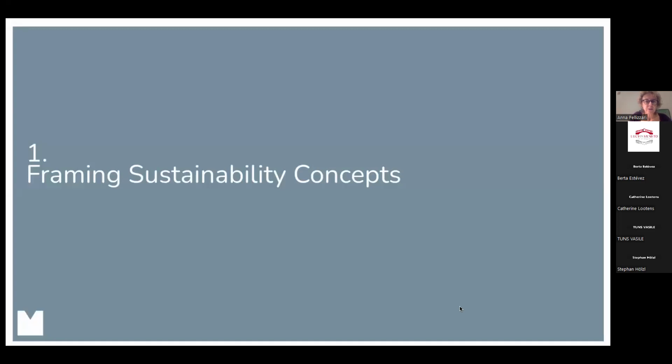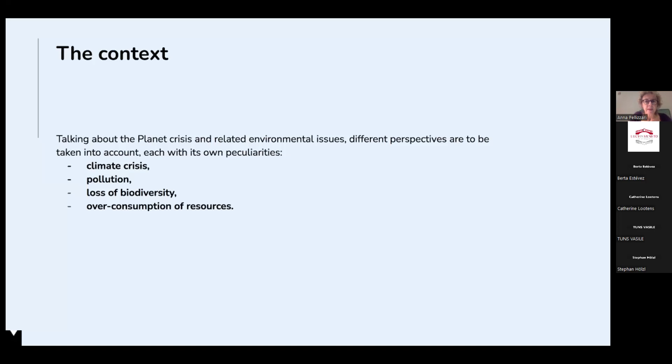So let's start with the first group of concepts. Clearly, talking about the planet crisis and related environmental issues, we have different perspectives from which we can look at the problem. These are points of view that consider the same problem with different tools and different eyes.